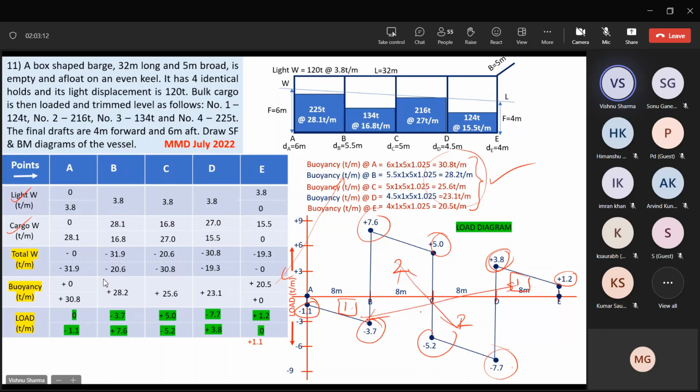The slight variance that is coming is because of the rounding off issue. Have you understood better? You can see the diagram that positive areas and negative areas have to be equal in the load diagram. And therefore, whatever is slight variance, that's a rounding off impact.